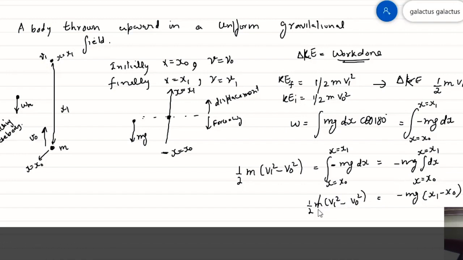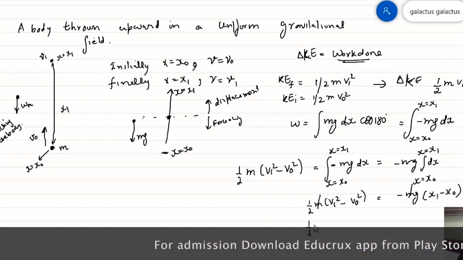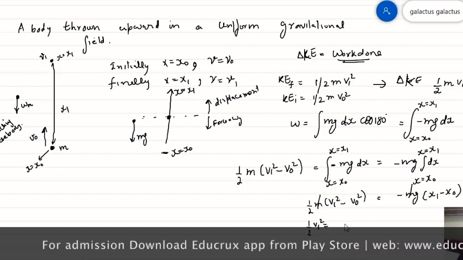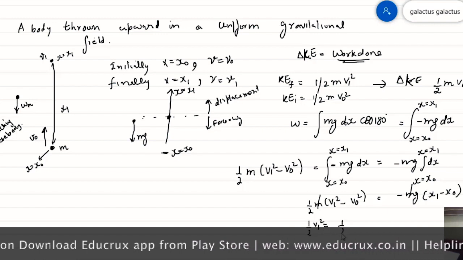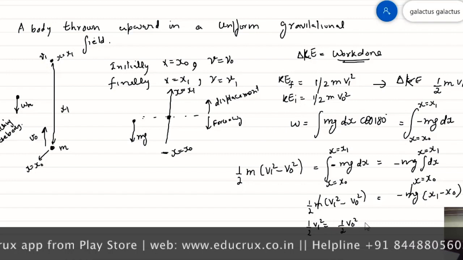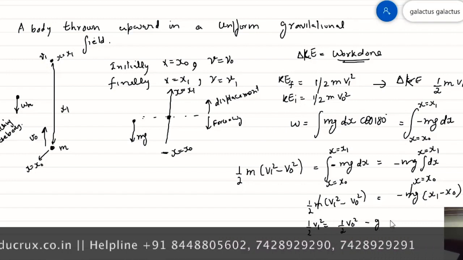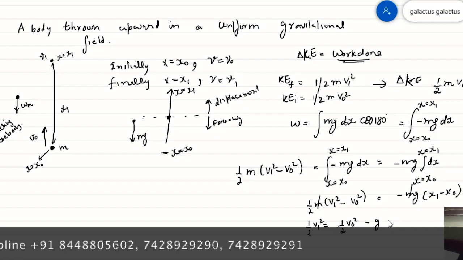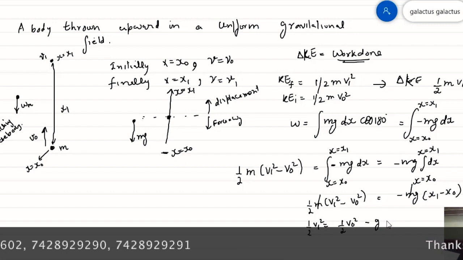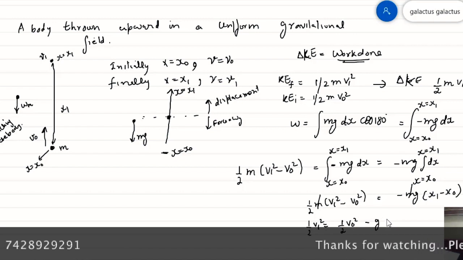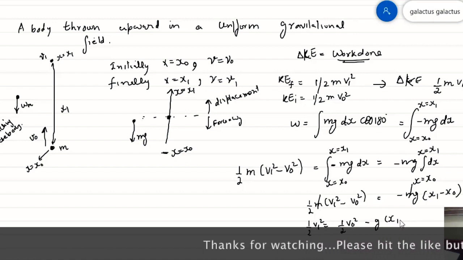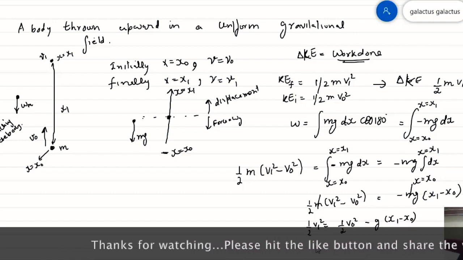I can cancel the mass on both sides. So I'll get half v1 square is equal to half v naught square minus g times x1 minus x naught.